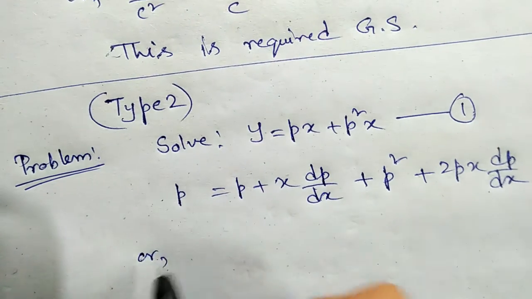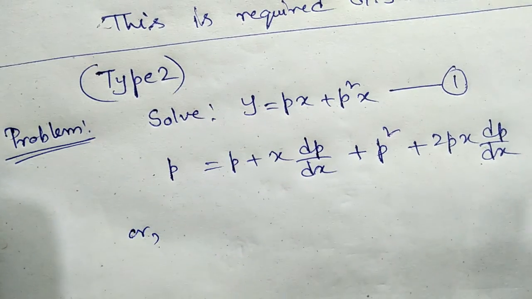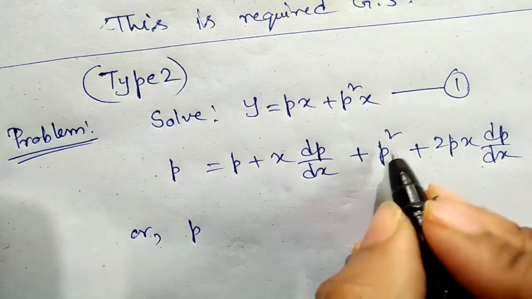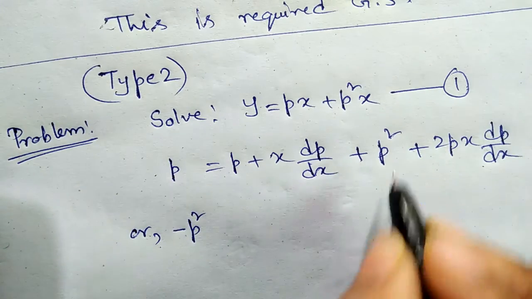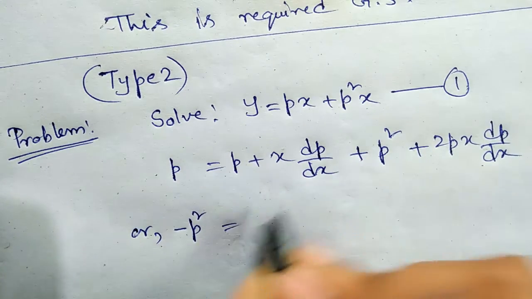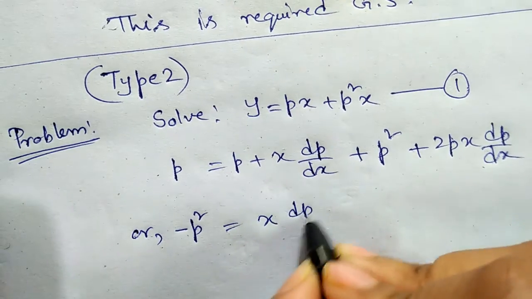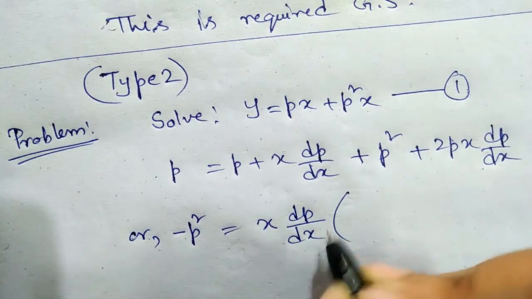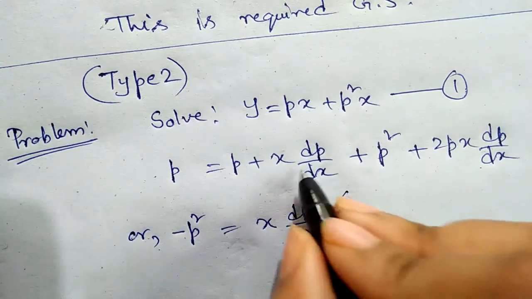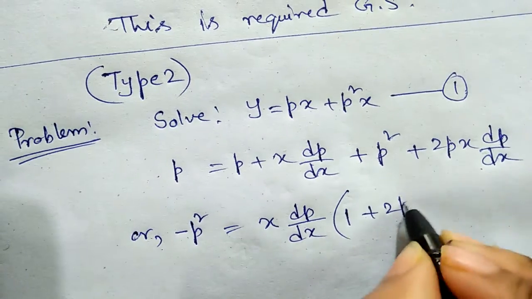Then p p cancel out, just we get this minus p square, and from this two x dp dx, if we take common this, then we get 1 plus 2p.